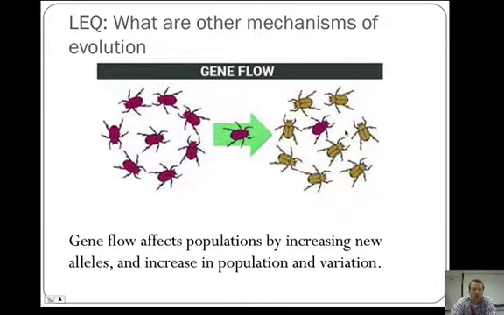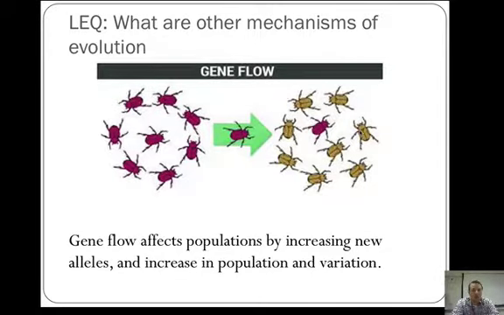So now you're increasing the population because you added one more, but you're also increasing variation because notice now it's not just 100% brown, it's 99% brown, 1% purple. But over time, that new purple allele will eventually get mixed into that gene pool. And that's going to cause that variation. So there's actually an increase in variation instead of a decrease in variation like genetic drift.